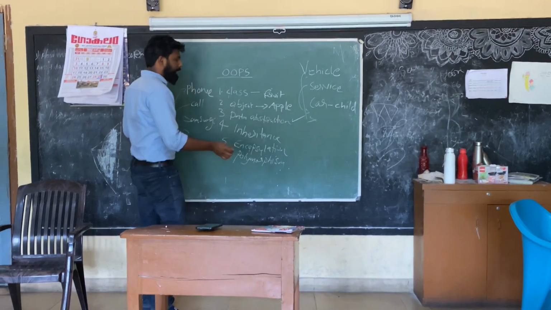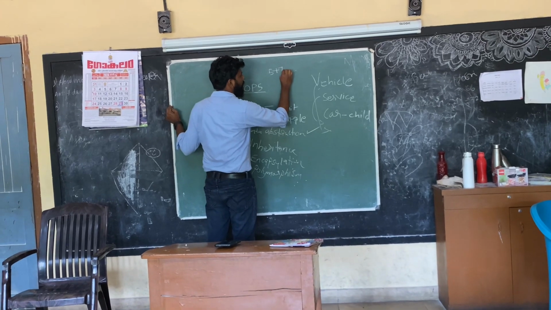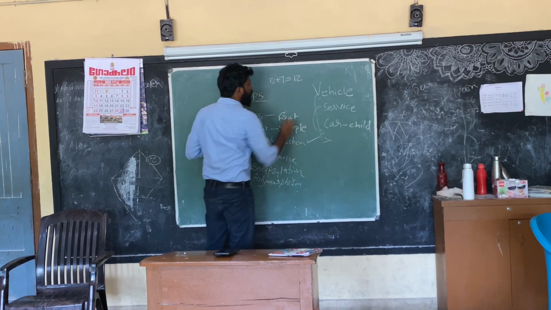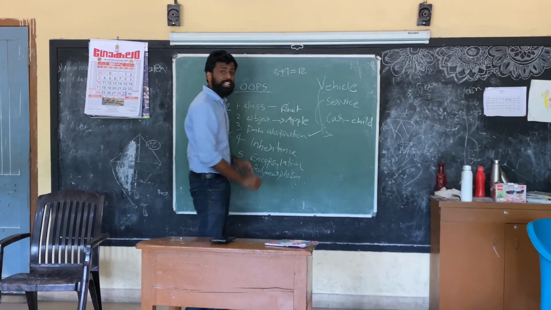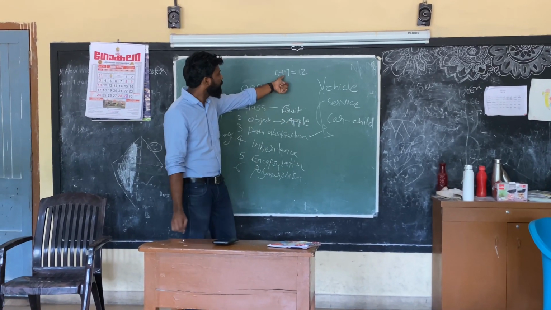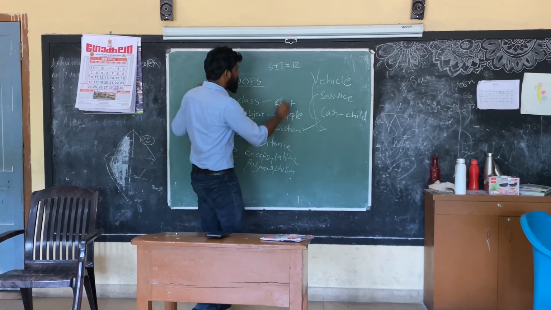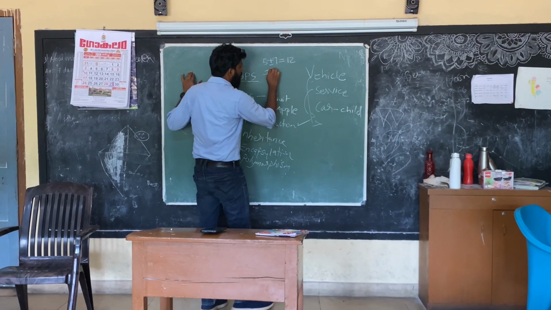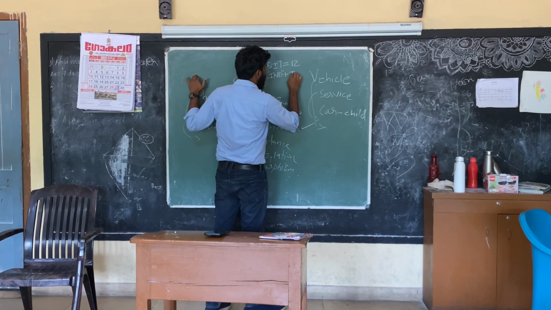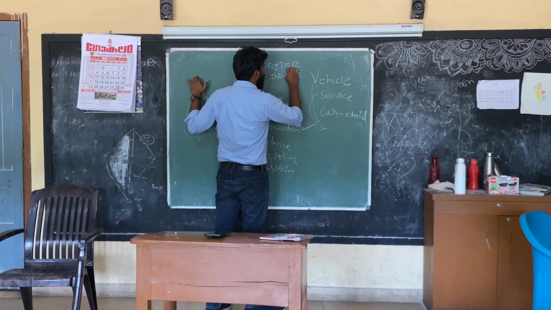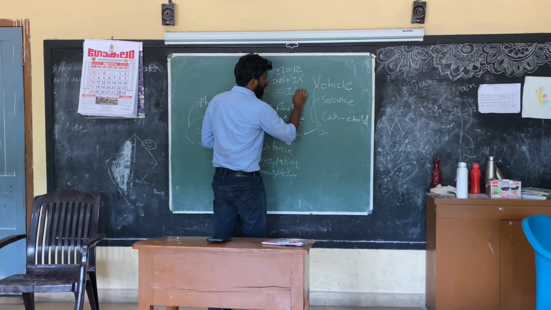For example, we can take a programming example. 5 plus 7 equal to 12. So here the operation of plus is addition. Here this operator performs addition. The same plus operator with strings, for example, "Ind" plus "ia", the output is nothing but India.